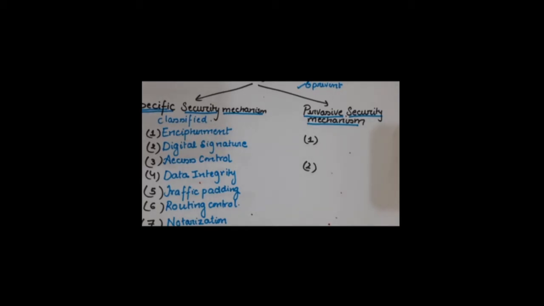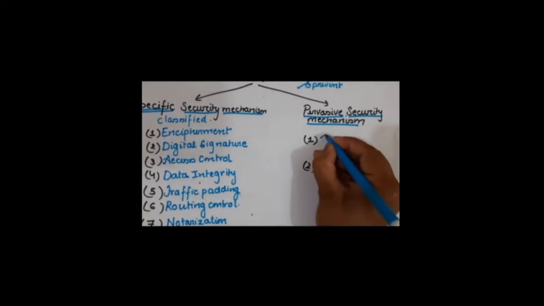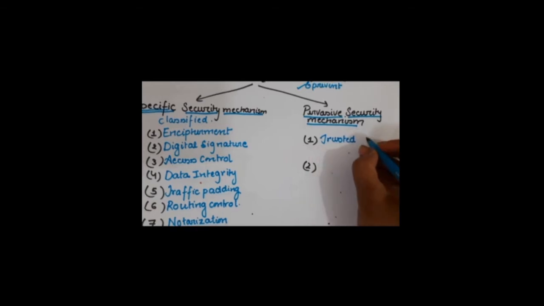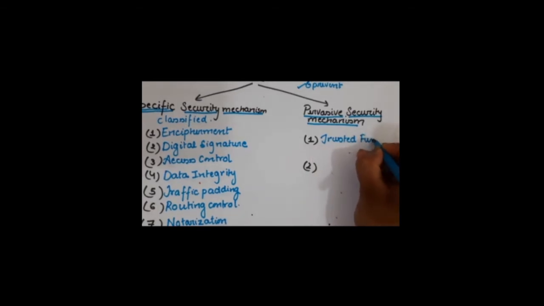The first pervasive security mechanism is trusted functionality.